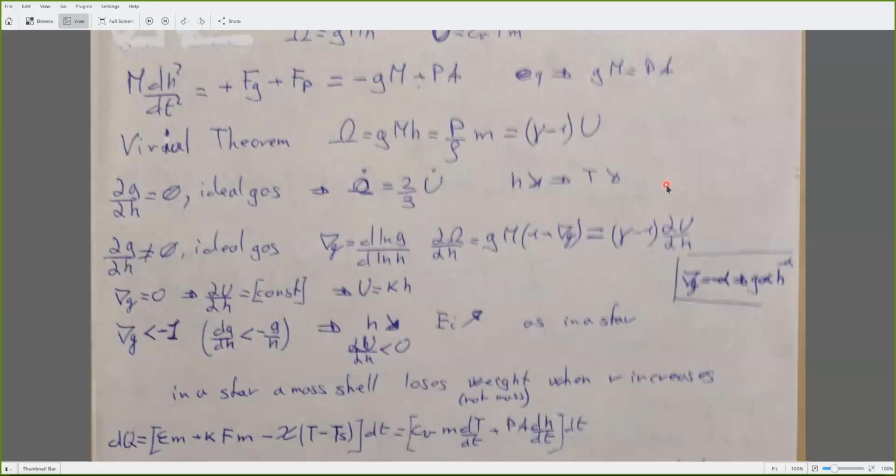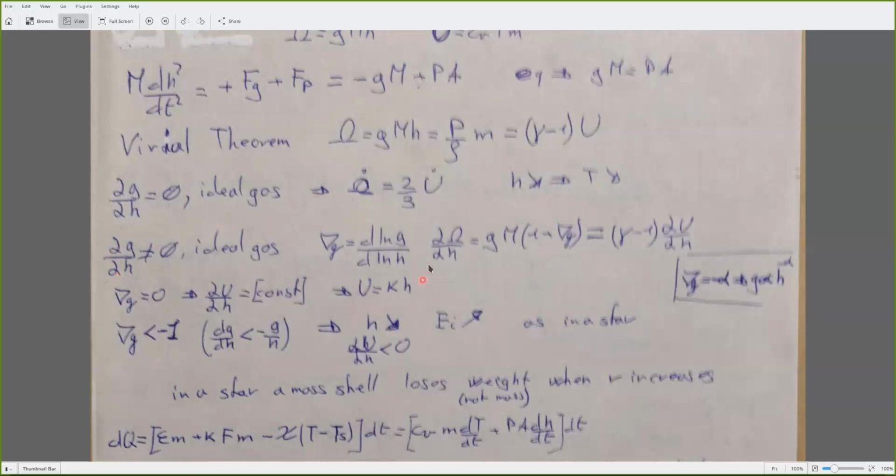It's doing everything by itself, so you cannot consider something from outside doing work, only the work done internally. So we have this difference from a star. This can be changed if you consider that the gravity depends on the height.